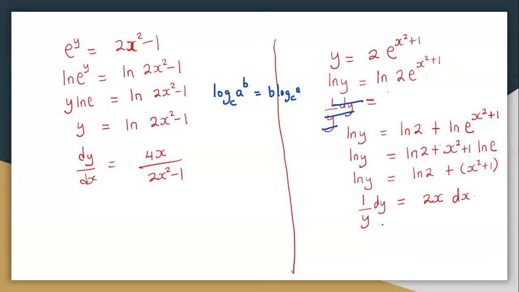Then this side we cross the y, and so we remain with dy/dx is equal to 2x, then your y is 2 e to the power x squared plus 1, which is 4x e to the power x squared plus 1.